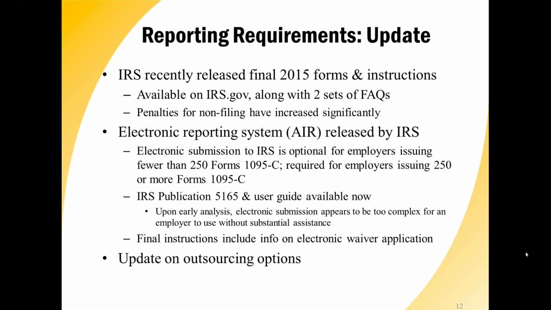Yes, this model that we are learning to live with here, this 50 or more, is going to apply for each year. So as I mentioned, if we were 50 or more in 2014, we've got to report for 2015. Regardless of our status for this year, if we have 50 or more this year in 2015, we've got to report and comply with pay or play in 2016.